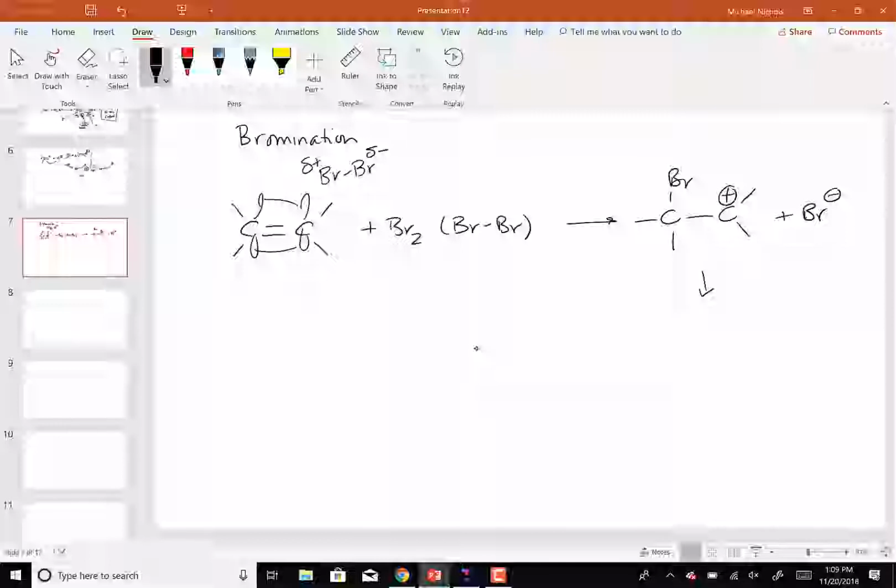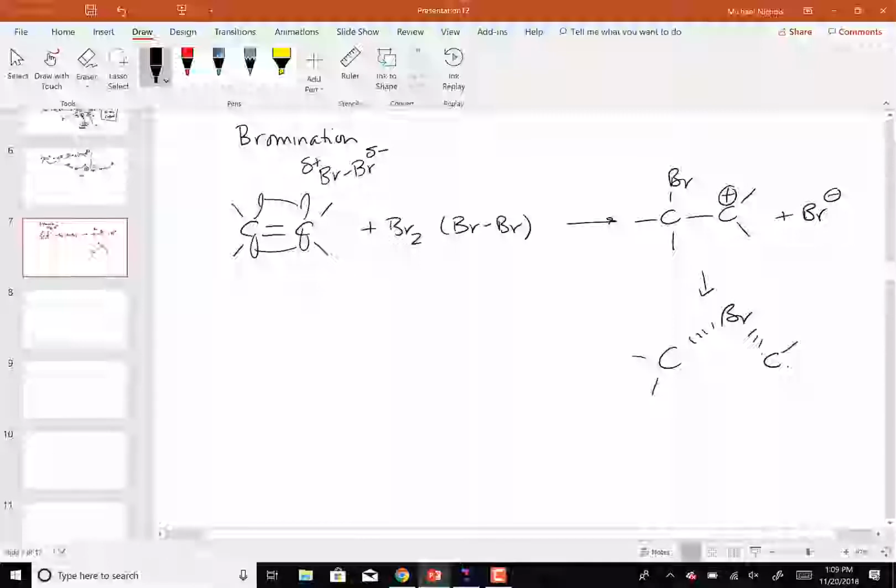So what we really end up forming is this triangle where those two carbons now share the positive charge.